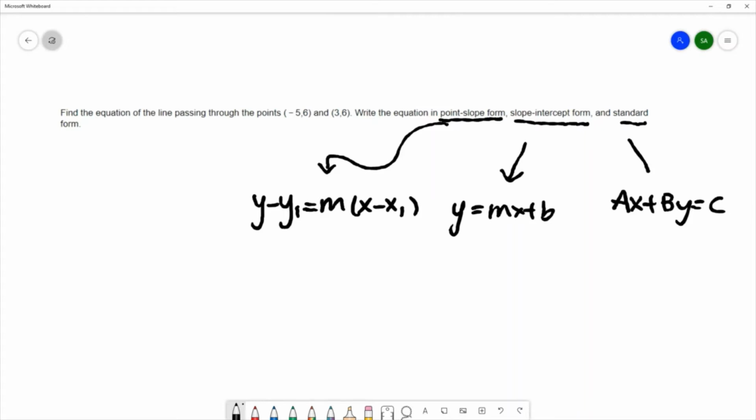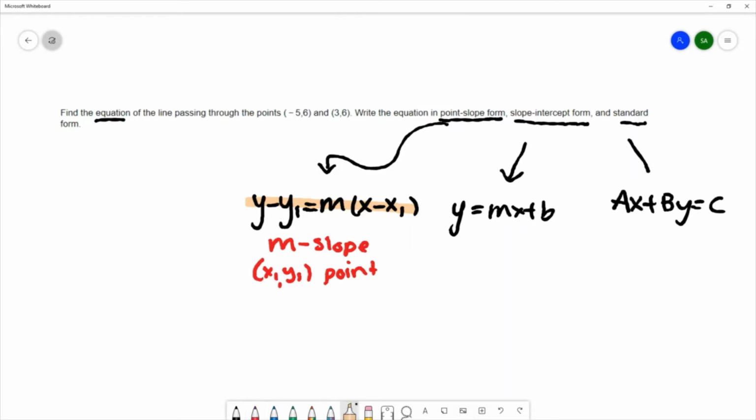And to find the equation in this problem, we're going to use the point slope form. And with the point slope form, we need the slope, which is m, and we need a point on the line x1, y1. And once we have those two things, we'll be able to build the equation with the point slope form.